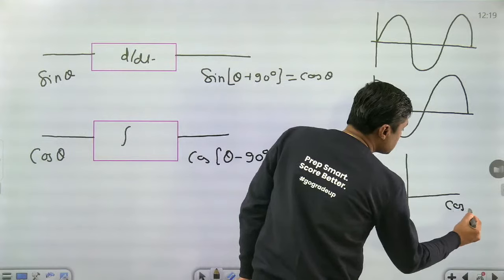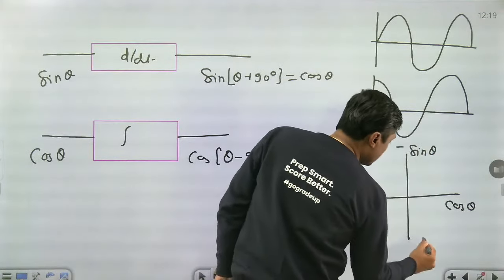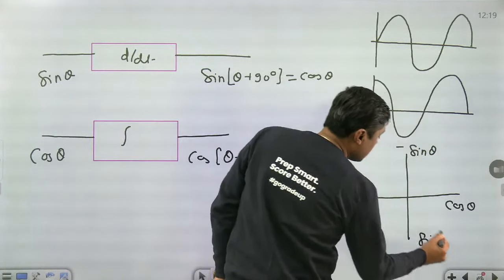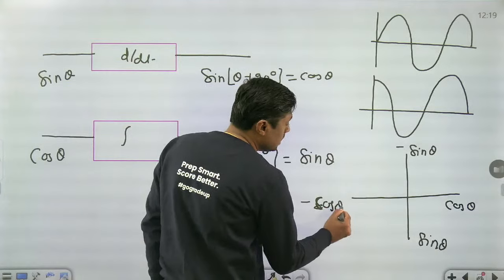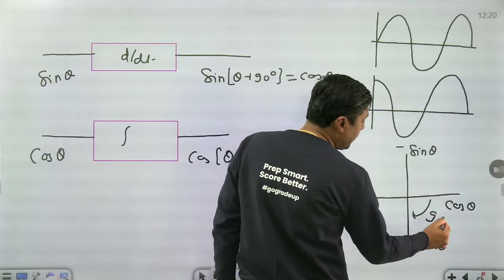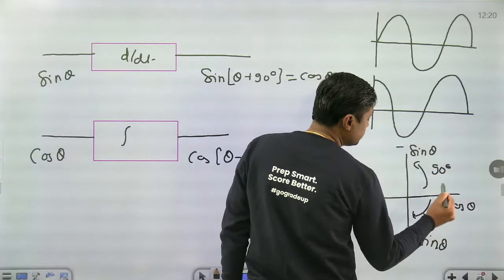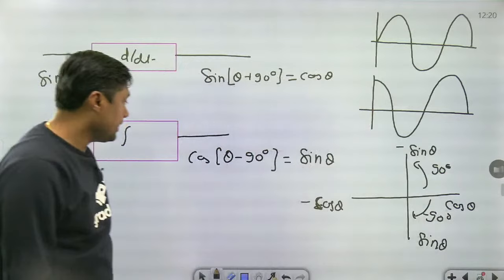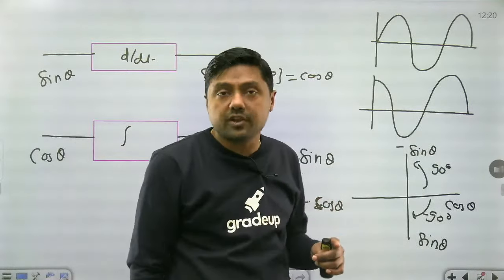This is cos, this is sine, minus sine, and this is minus cos. In a clockwise direction it is the negative angle, in an anti-clockwise direction it is the positive angle. So this is minus 90, and that's why we are getting sin theta. Again the shape will remain same, only change in phase.